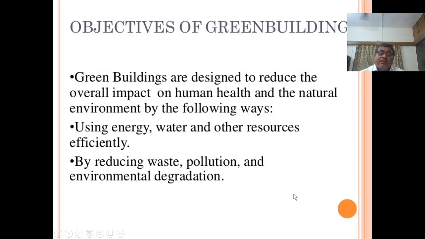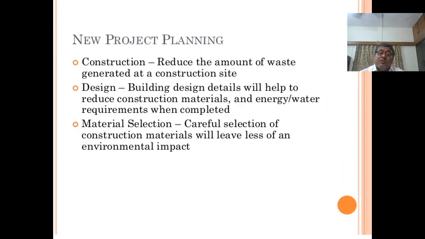Objectives of green building. Green buildings are designed to reduce the overall impact on human health and the natural environment in the following ways: using energy, water and other resources efficiently, and reducing waste, pollution and environmental degradation. New project planning. Construction. Reduce the amount of waste generated at a construction site.